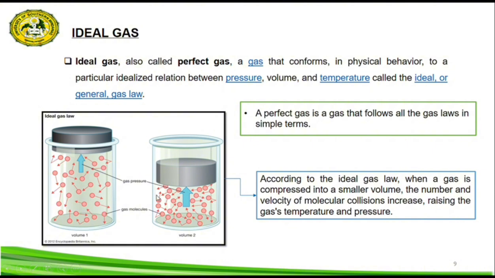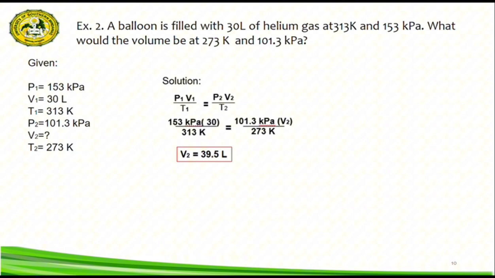If it expands, the velocity of molecular collisions decreases, lowering the gas's temperature and pressure, the other way around. So for better understanding, let's proceed to solving some problems about ideal gas.